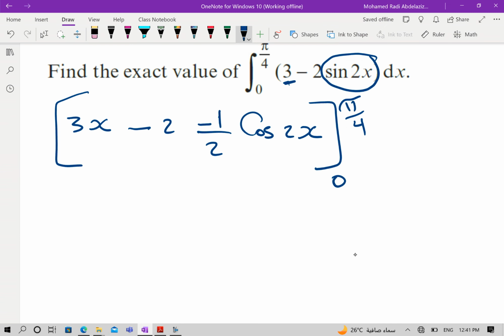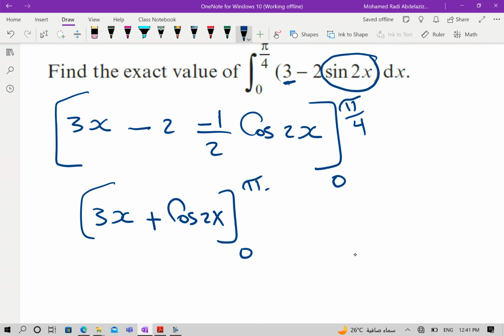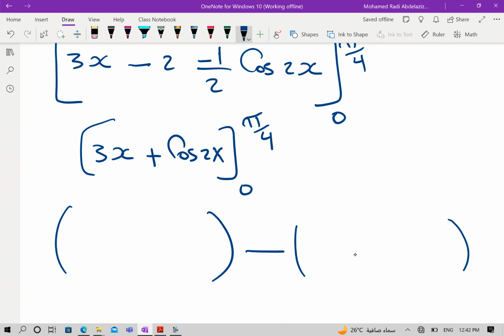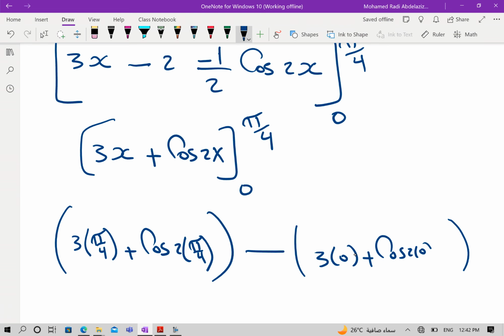We have a limit. Simplify: 3x, negative is positive, cosine 2x, limits from 0 to pi over 4. Substitute by pi over 4 first, minus substitute by 0. Substitute by pi over 4: 3 times pi over 4 plus cosine 2 times pi over 4, minus 3 times 0 plus cosine 2 times 0.